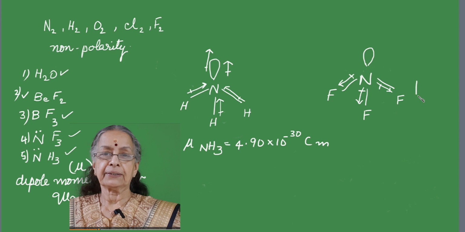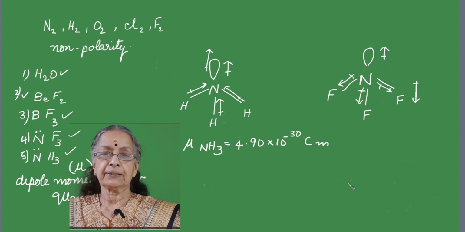The net dipole moment will be directed downward, away from nitrogen, whereas the orbital dipole moment will be directed upwards. The orbital dipole moment will be much less than the resultant dipole of the 3 nitrogen-fluorine bonds.